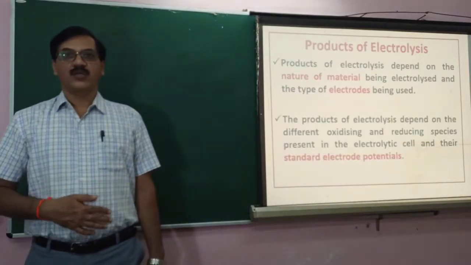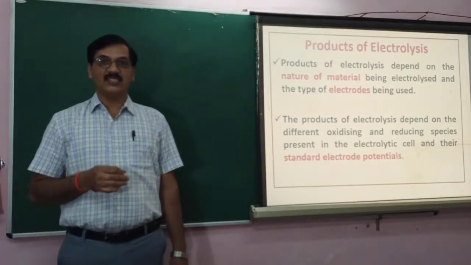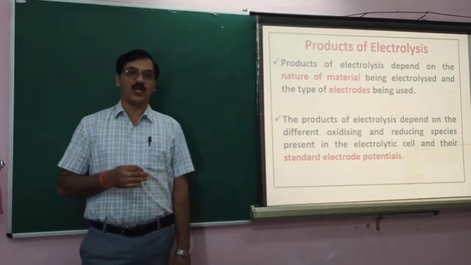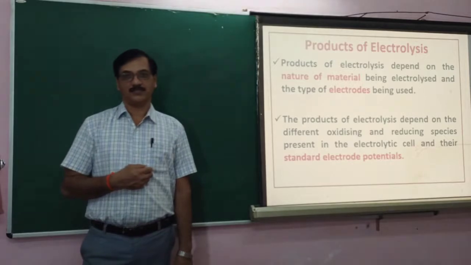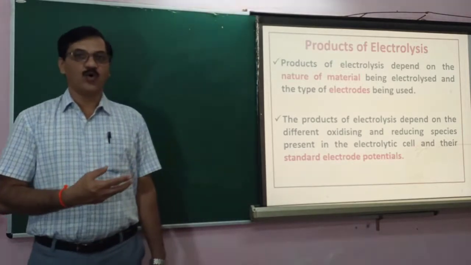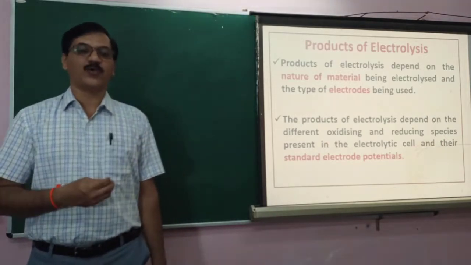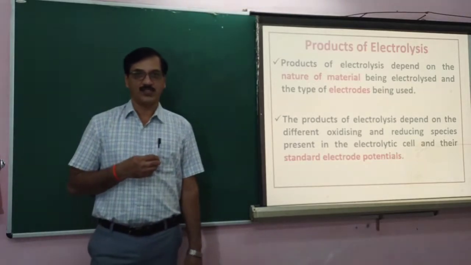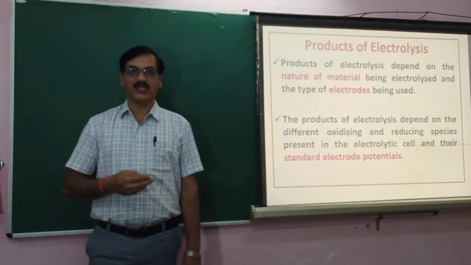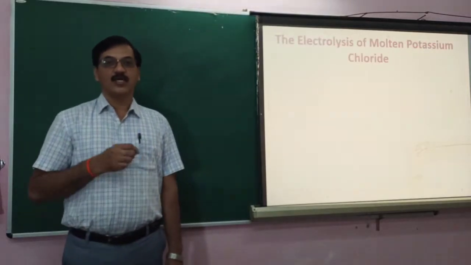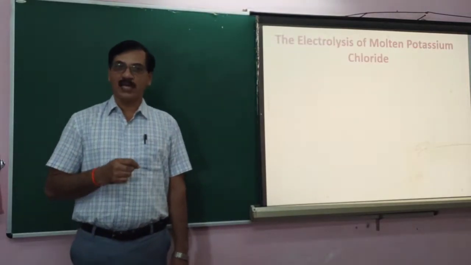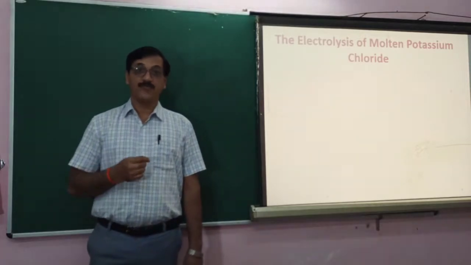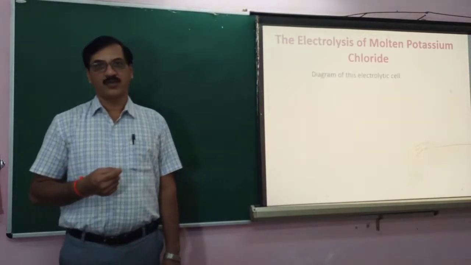It also depends upon the standard electrode potential of the species involved. Their standard electrode potential is also responsible for predicting the product of electrolysis. Let us take some examples and see how exactly the knowledge of electrode potential will be helpful in deciding the preferred product at the electrodes.